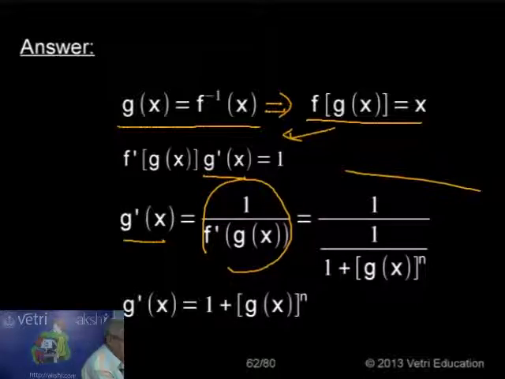Since we are having 1 over f'(g(x)), because 1 over 1 by x is x, we get 1 plus g(x) power n. So g'(x) is 1 plus g(x) power n.